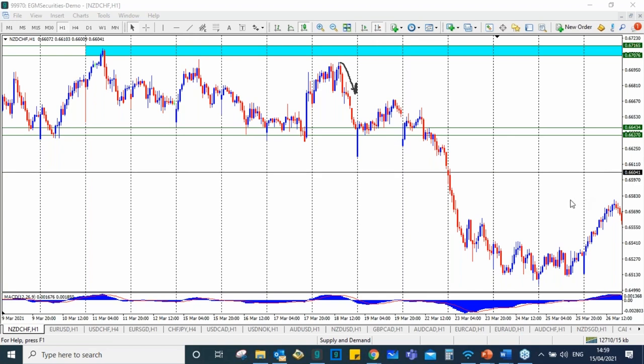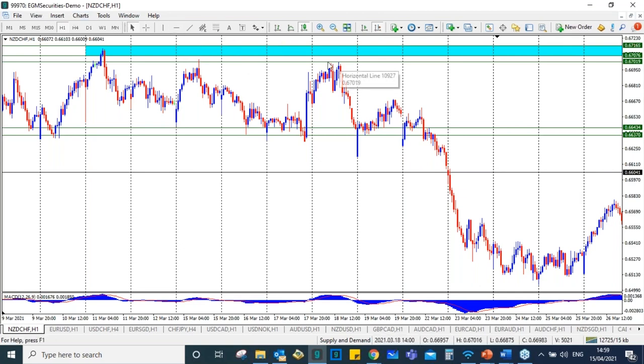Again, you will take another line. You mark your distal line and you mark your proximal line. Our proximal line will be based on this blue candlestick.